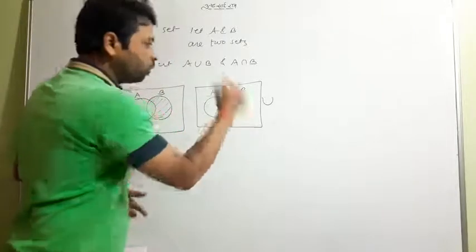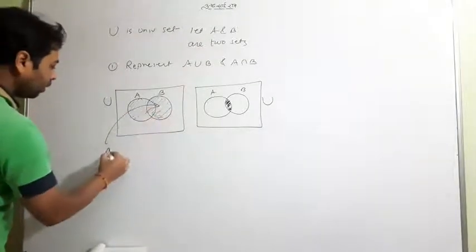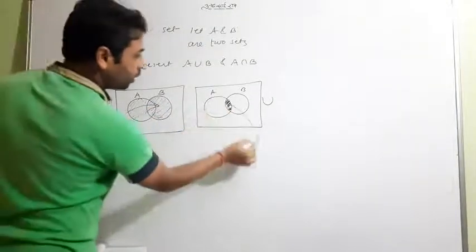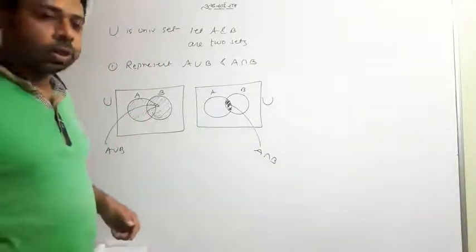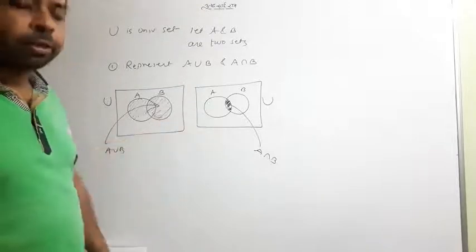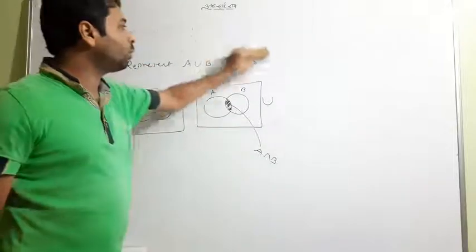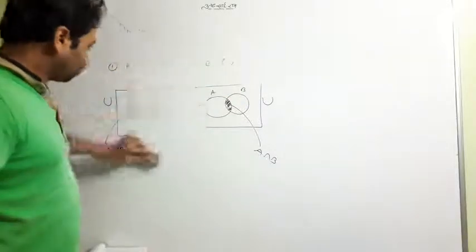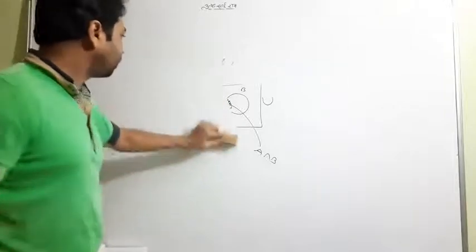This whole shaded region shows A union B, and this part only shows A intersection B. I hope, students, you have got what I wanted to tell you. This is a very simple thing. In the Venn diagram, A union B means all the shaded part, and intersection means only the common part.